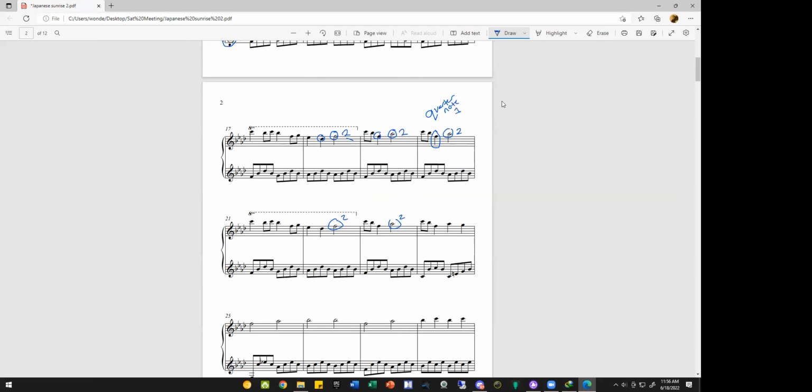But you also have other notes before the quarter. They are called eighths. This is an eighth, and these are beamed because they are part of the same group. The white note is 2. The quarter is 1, and the value of an eighth is half a quarter.